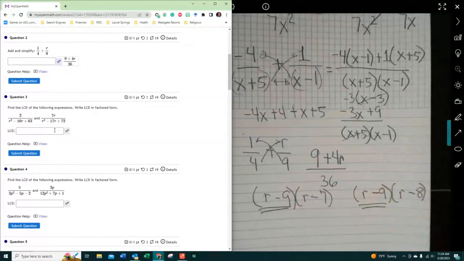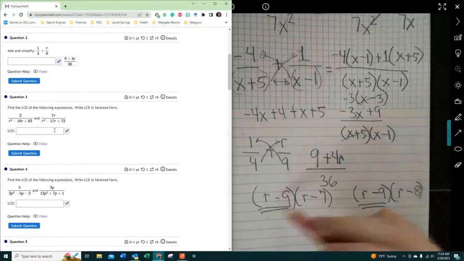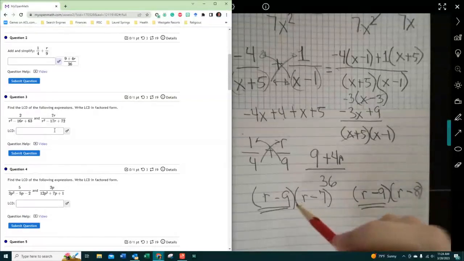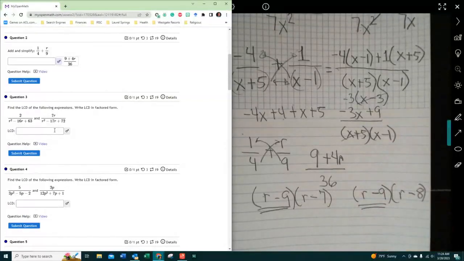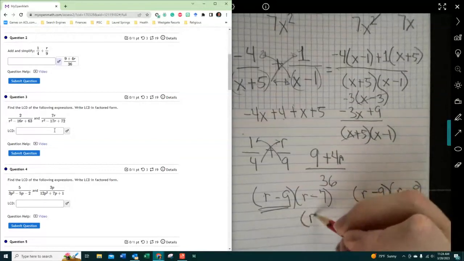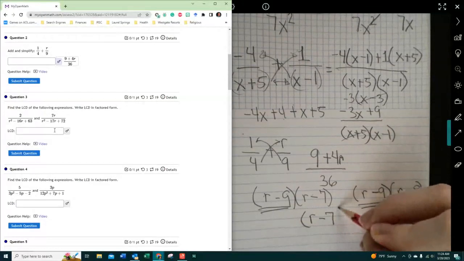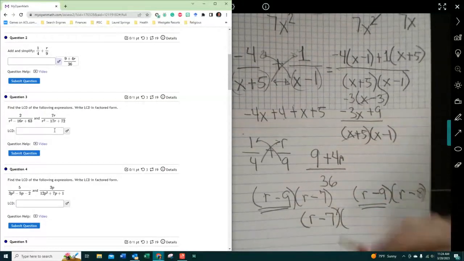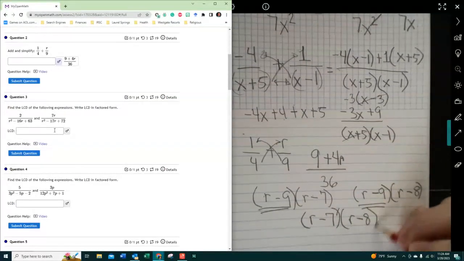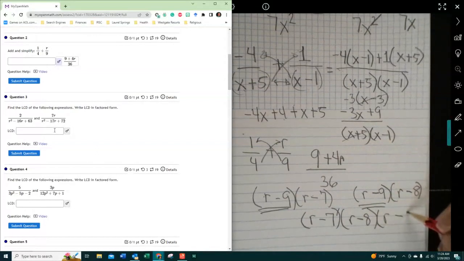We see that they're matching here. Where they're matching, I'm going to combine these as one denominator where I do not have this repeated. So I'm just simply going to write it as R minus 7, R minus 8, and then R minus 9.